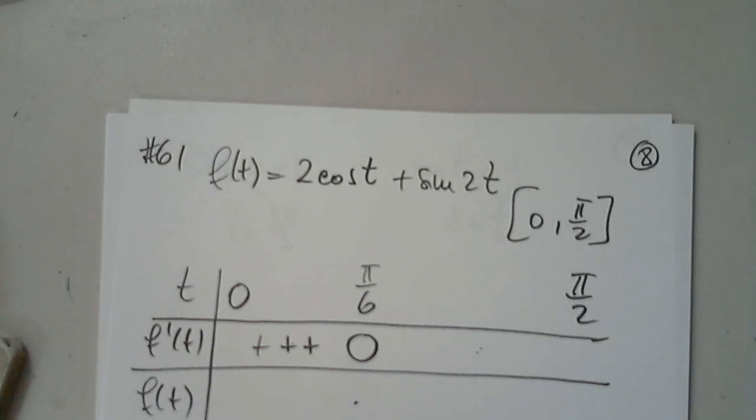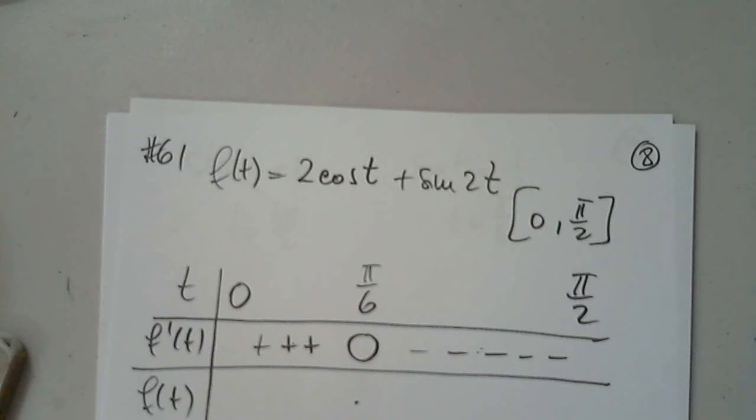And I see it's negative. And now in the function, I must plug in 0 and pi over 2. So the function tells me that this is 2 and this is 0. And I must plug in pi over 6, so pi divided by 6, and I get 2.6.